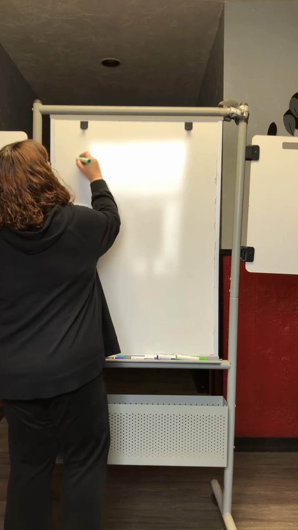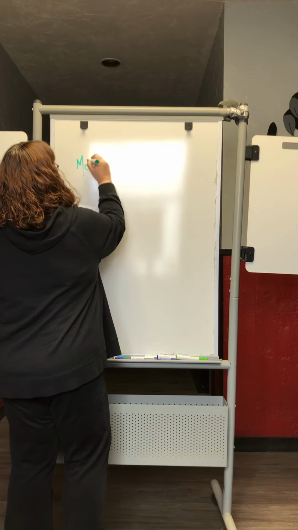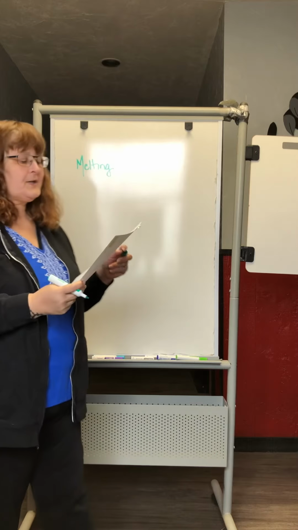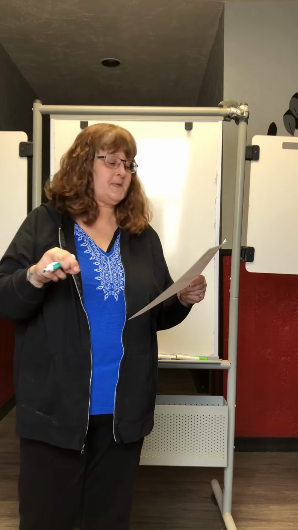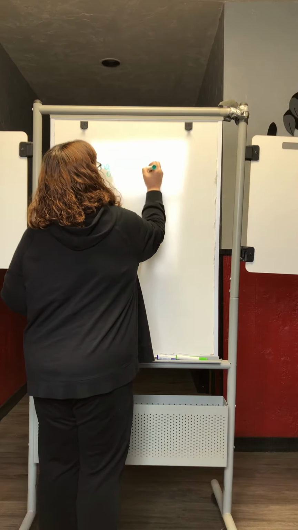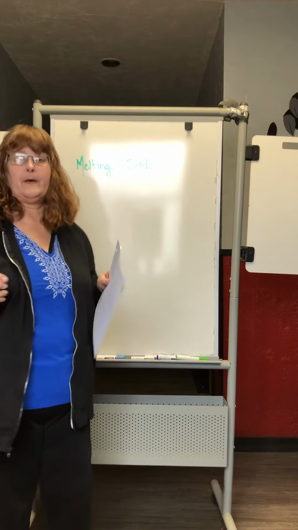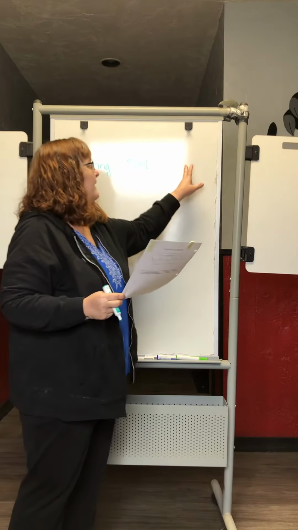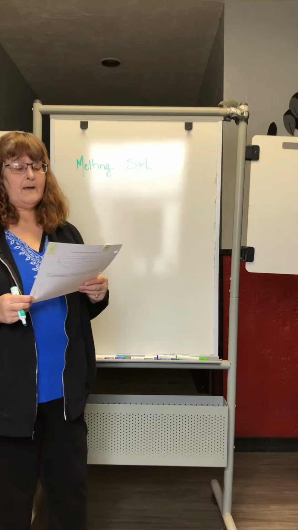We have the change of state of melting for the first one, and the direction says state to state in the middle column. So when something melts, it goes from a solid to a liquid, and that's all that I would put in the middle. If you need to write out solid to liquid, write out solid to liquid. And then in the third column, I would like you to give me an example.